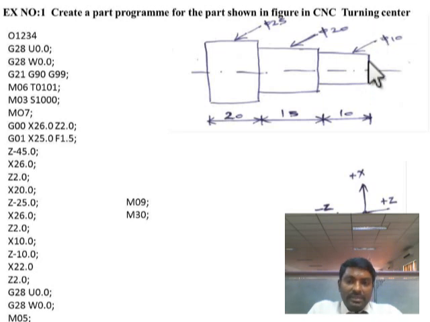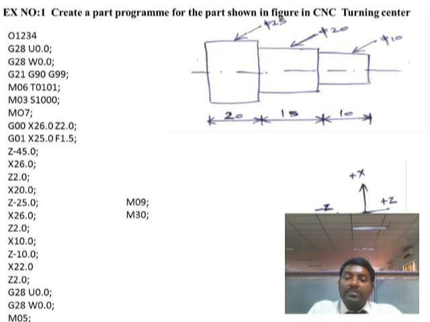This is the X plus direction. If you move from here to here, this is the X minus portion. If you move from here to here, this is a Z minus direction. If you move from here to here, this is a Z plus direction. So based on that, we have to use the X positive and Z. This is the axis convention of the CNC turning center. Based on that, we have to write a program.